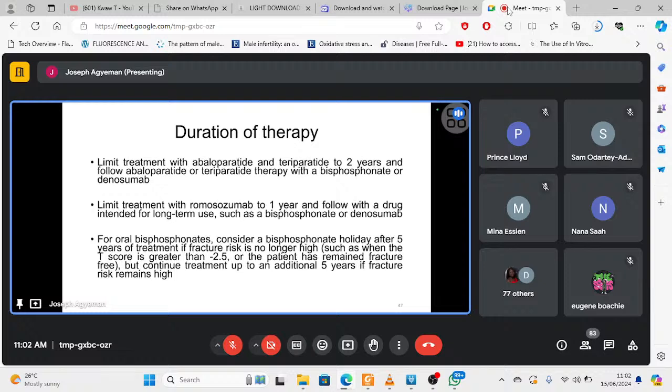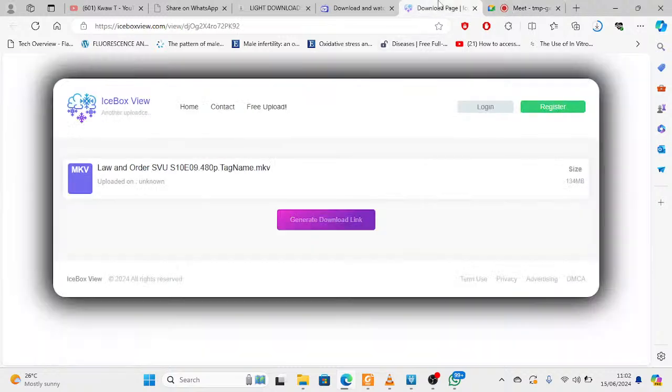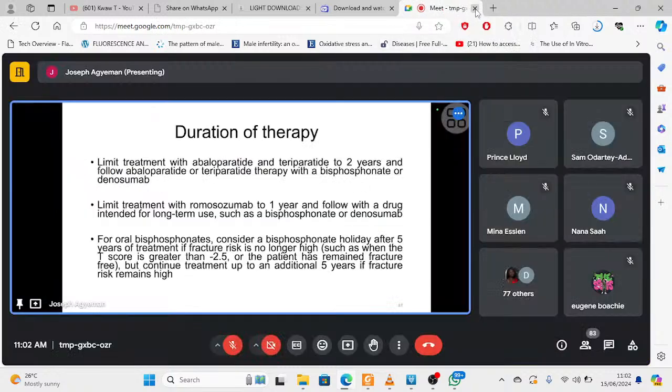So it means it's not advisable to use abaloparatide and teriparatide for over 2 years. So when you have used them for at least 2 years, switch from these agents to a bisphosphonate or denosumab.